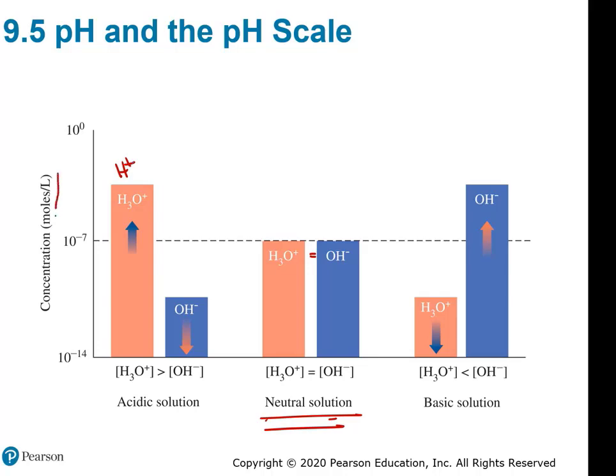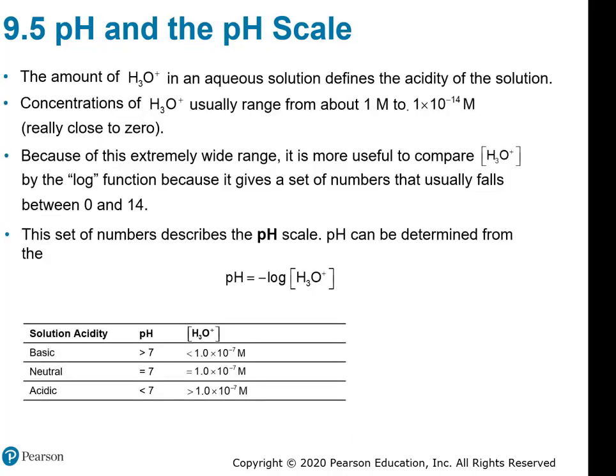So then they started looking at relative concentration. The higher the concentration, the more hydrogen ions you have, or the more hydroxide ions you have, the stronger the acid or base is, the more ions you make. And they said that in water, in H2O, it has 1 times 10 to the minus 7th molar H3O plus.